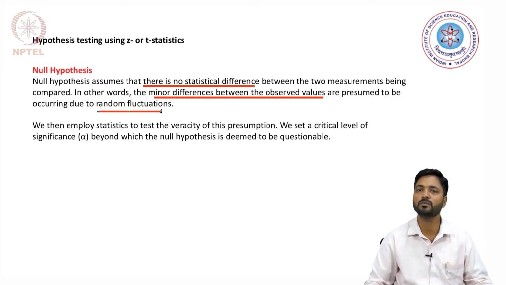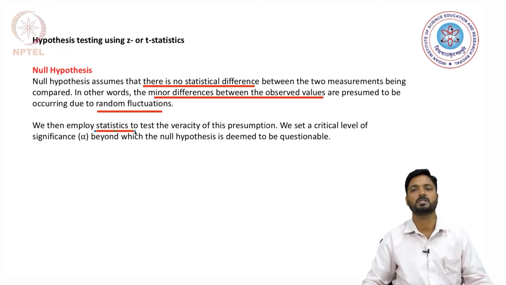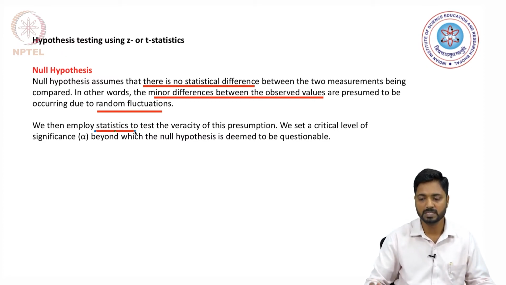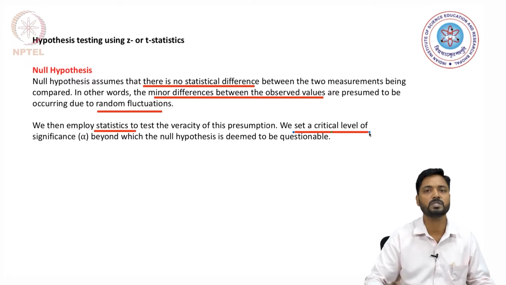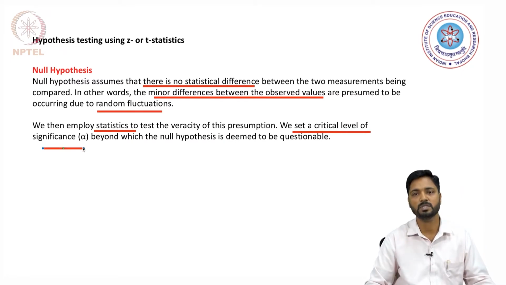This presumption of null hypothesis is then tested using statistical tools such as the Z test and the T test, and we set a critical level of significance alpha beyond which the null hypothesis is presumed to be questionable and cannot be relied upon.